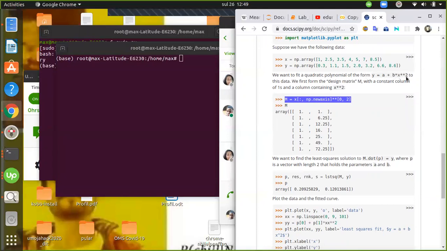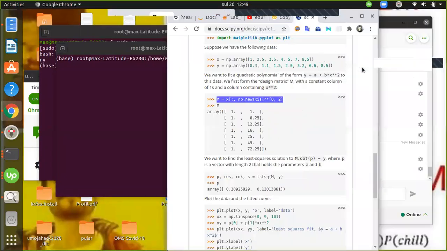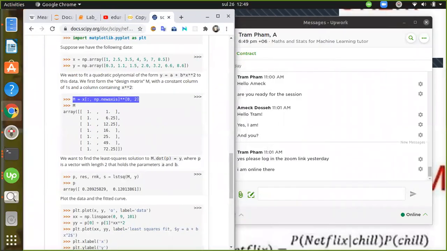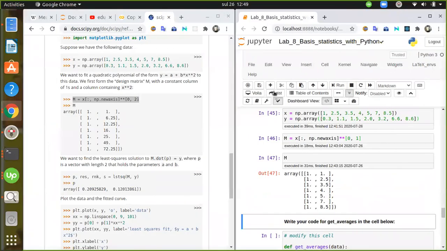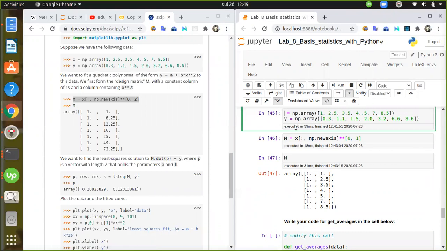We don't need to put it at power 2. So if we follow the same example without changing anything, we should do this. This one is the grade. This one is the study hours.